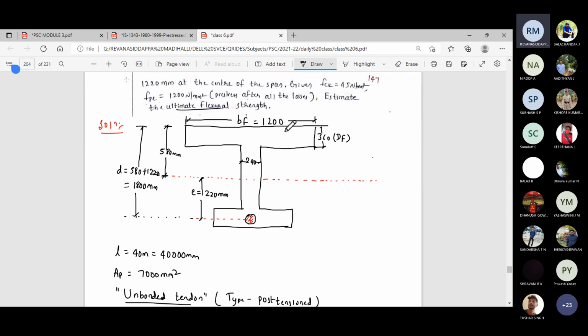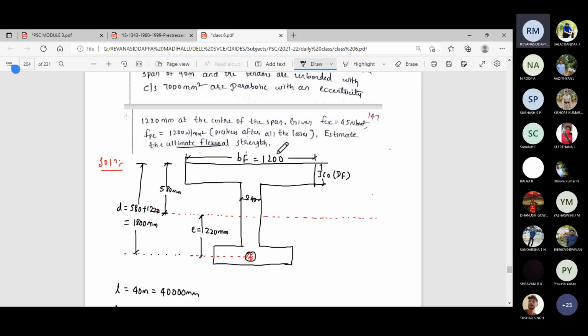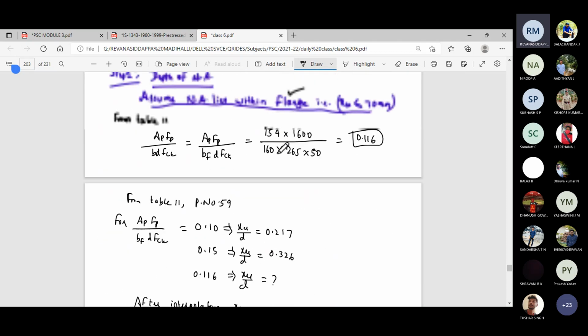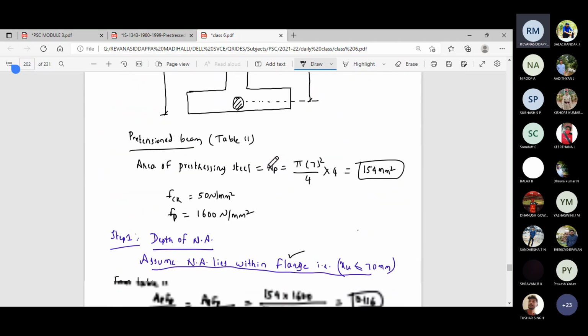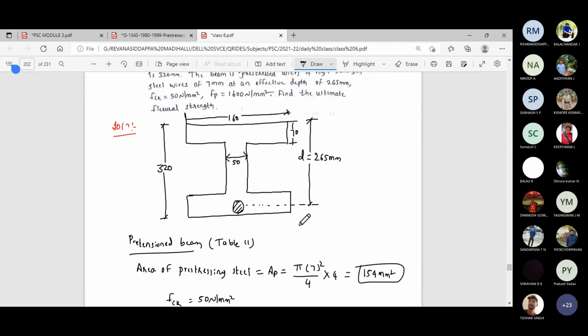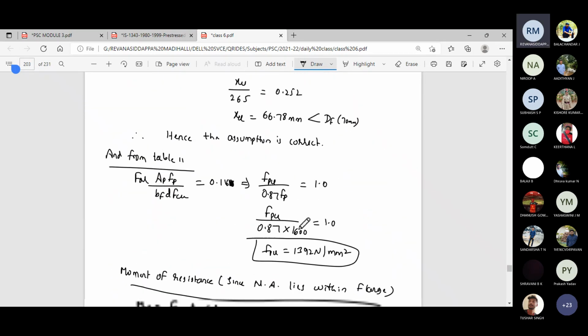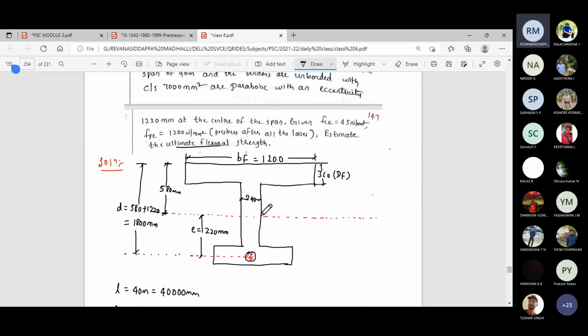I will give you a small hint on which one to assume first. In the previous case I assumed the depth of neutral axis lies within the flange. In this case I will assume it lies within the web. Why?